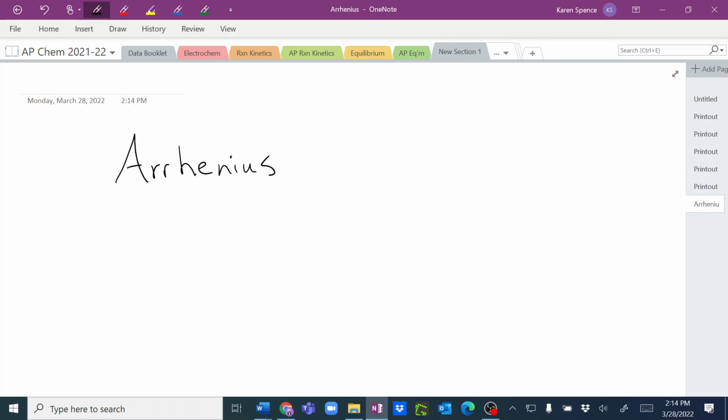And what do Arrhenius acids do? They're not proton donors. What do they release? H plus in solution. Okay?